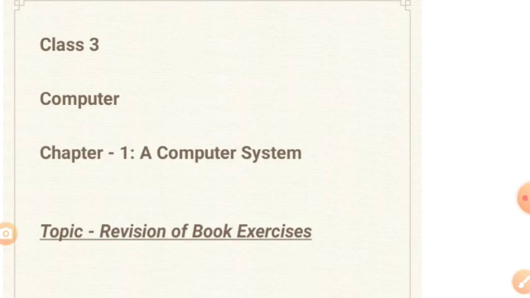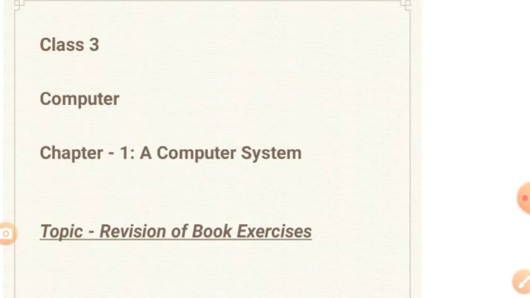Now we also learned there are two types of software, that is system software and application software. A system software is a set of programs that controls the overall working of a computer, for example, an operating system like Windows 10 we learned in chapter 2.